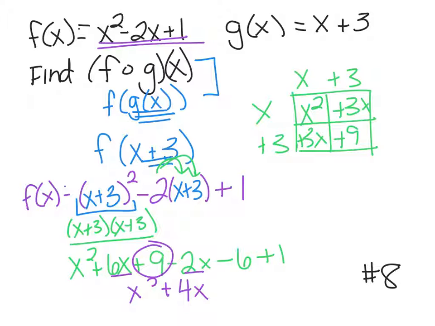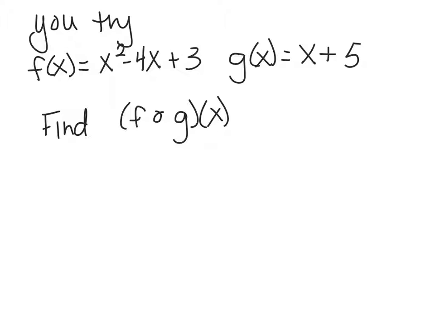Then I have 9 minus 6 is 3, plus 1 is 4 for the final answer. You try one. Again, I like to start out by writing it f of g of x and then plug in for the middle.